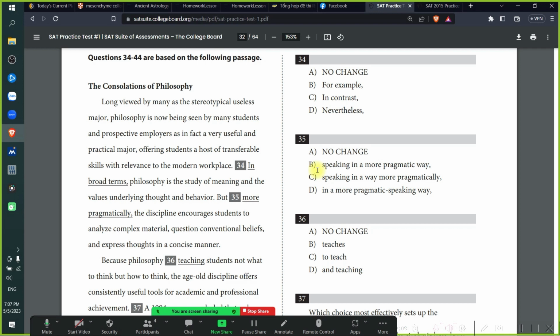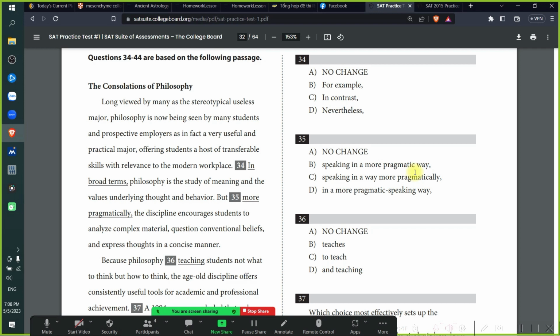The discipline encourages students to analyze complex material, question conventional beliefs, and express thoughts in a concise manner. Một cái văn viết á, mà mình dùng nhiều cái từ mà như vậy nó không nên nha. Viết mà dai dở như vậy, dùng nhiều từ như vậy không cần thiết là không nên. So in written language, we do not try to use more words than necessary.